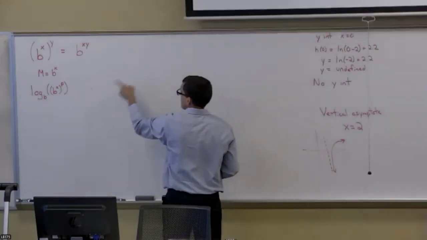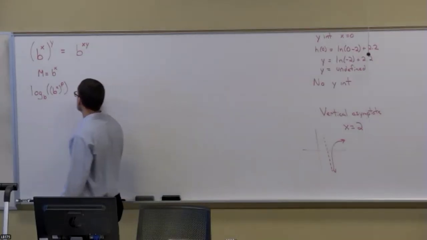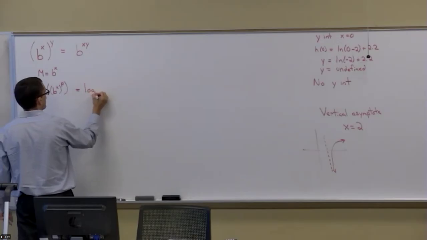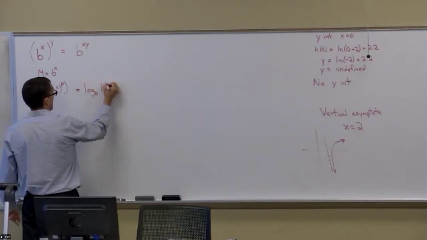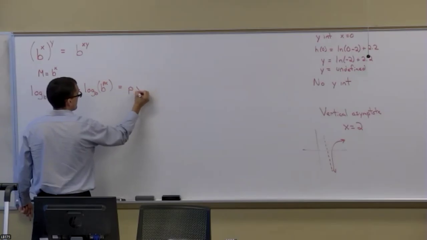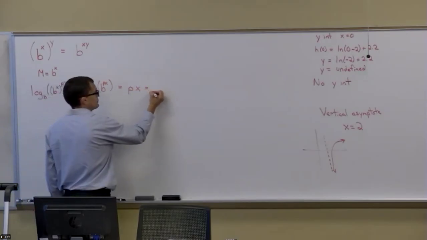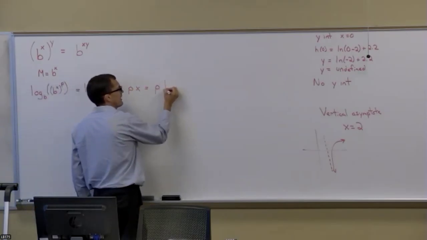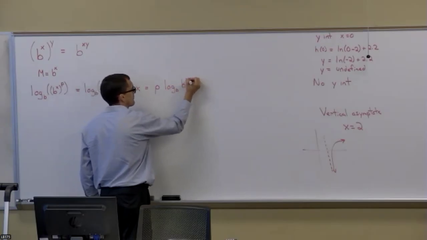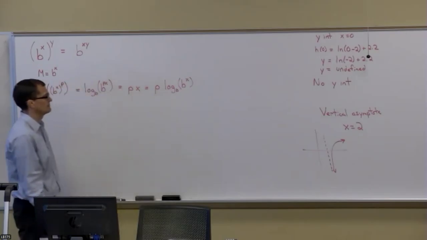That's just m to the p power. That's log base b of b to the x times p, or p times x, doesn't matter which way you write it, which is p times the log base b of b to the x. There you go.